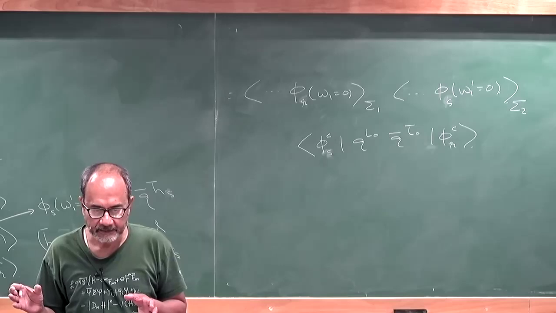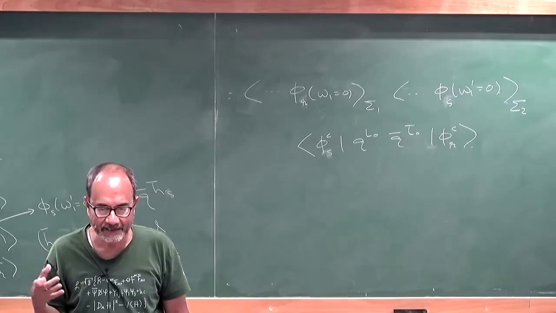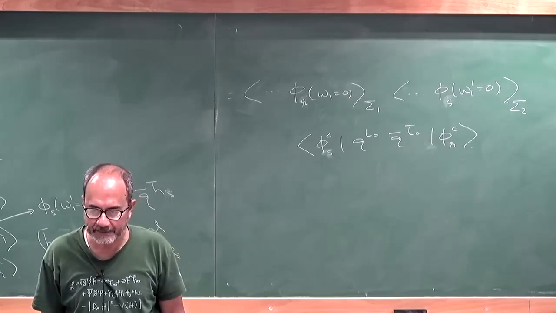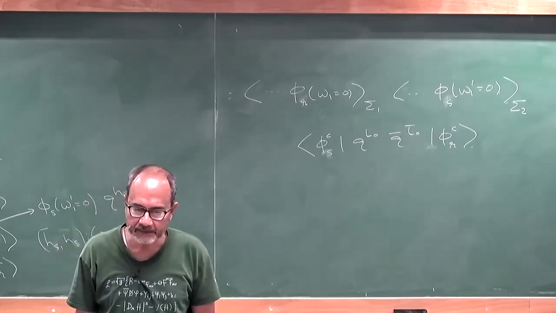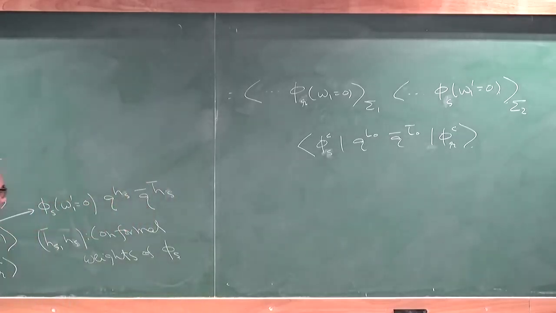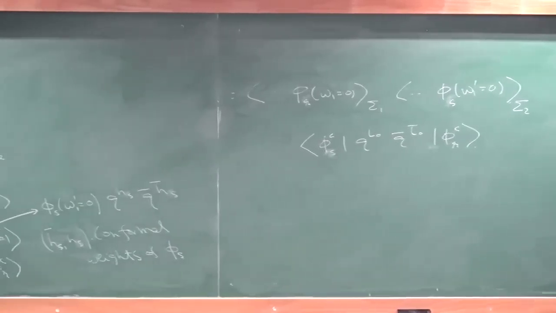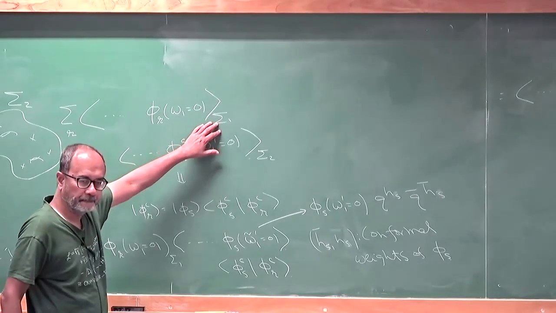The curly B's, right? We have to insert those curly B's. Is that clear? So now let's look at what those curly B's are. So first of all, there are the usual curly B's associated with sigma 1.